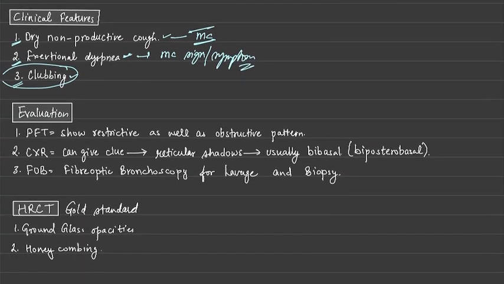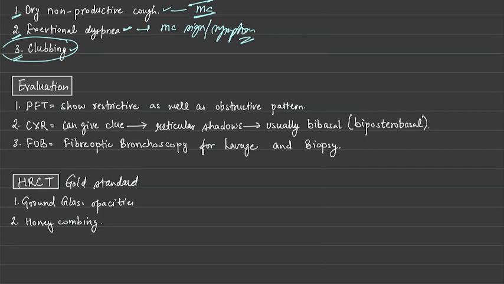Right. How will you evaluate? First of all, we will do a chest X-ray to begin with. Right. It will give us a clue. There will be reticular shadows. So you will understand that this is not consolidation, no mass is there, nothing like that. But there are some reticular or reticulonodular shadows, and the position is very much peculiar for ILDs.